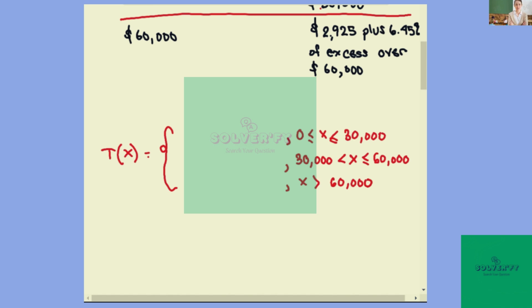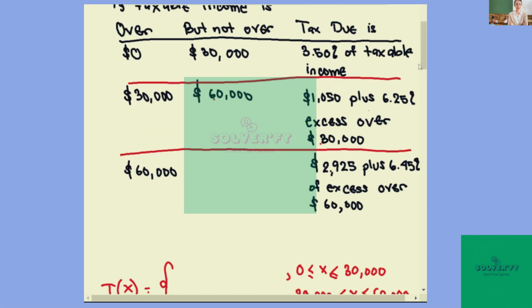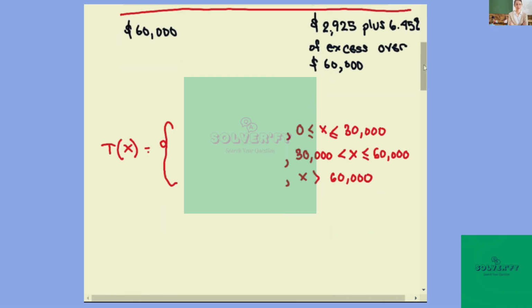Now it's time to generate the parts of this piecewise function. We'll start with category 1. If the taxable income is between 0 and 30,000, all we have to do is take 3.5% of the taxable income.